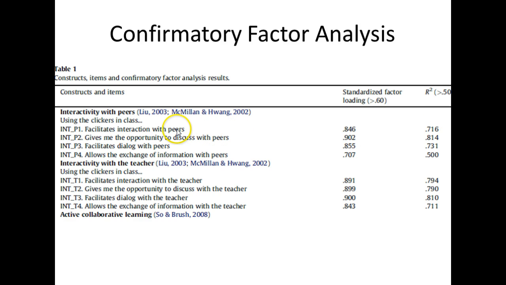So it's how much this particular item explains the overall construct. So the higher the value here, the more it explains about the construct of interest.